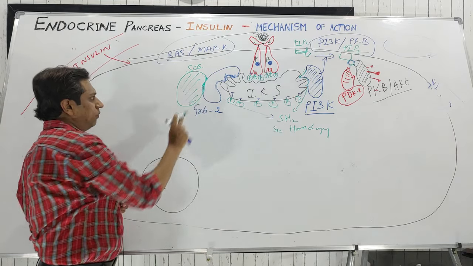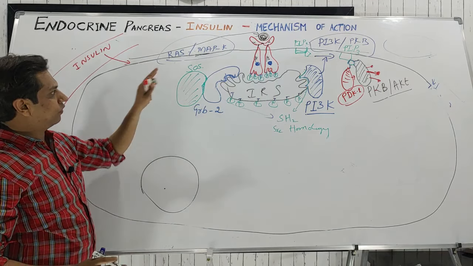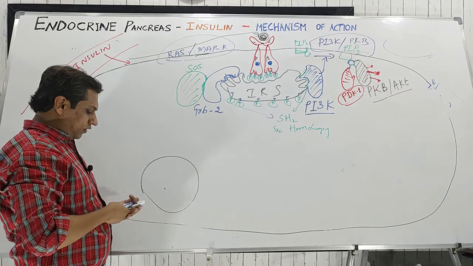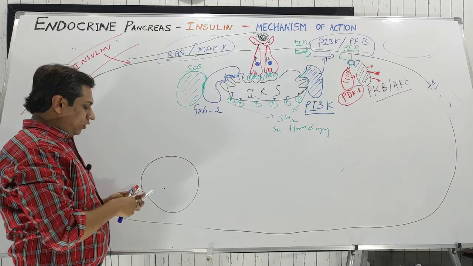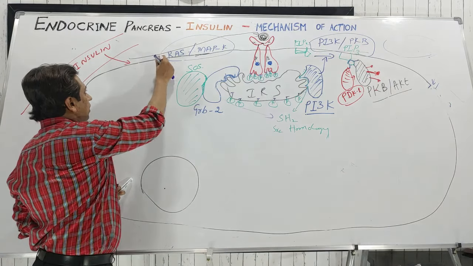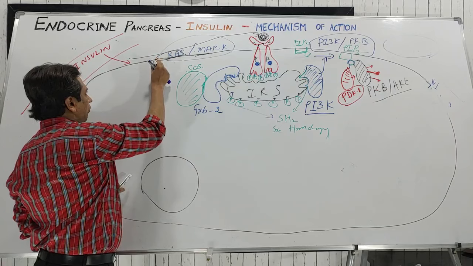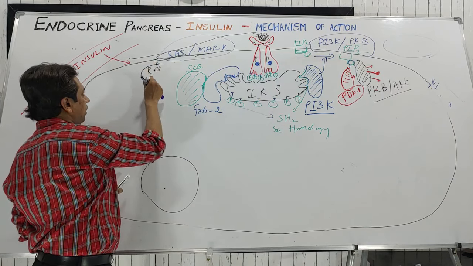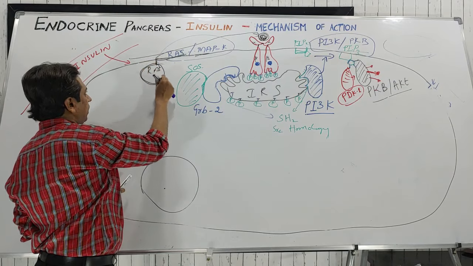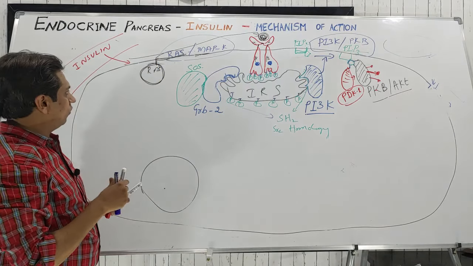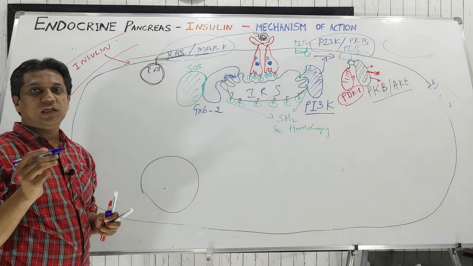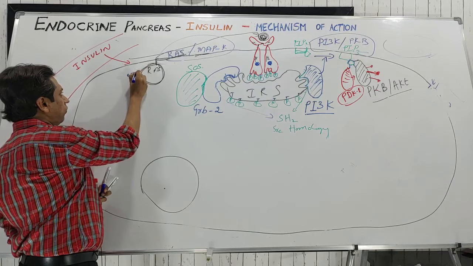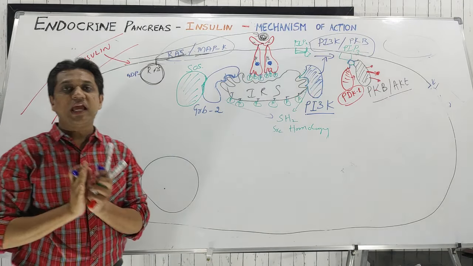This GRB2 protein will activate the SOS molecule, and this SOS molecule will now activate this RAS protein, which is bound to the cell membrane. At resting condition, RAS is in an inactive state because it is bound with one molecule, guanosine diphosphate, GDP.